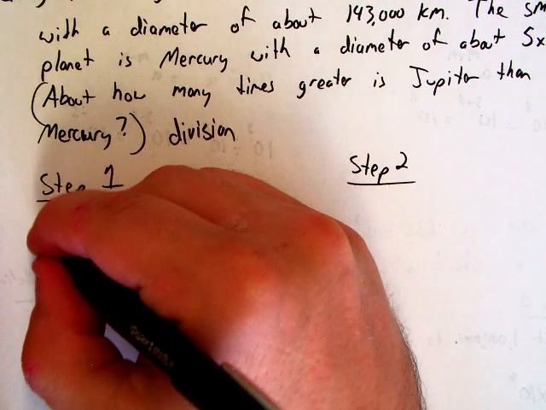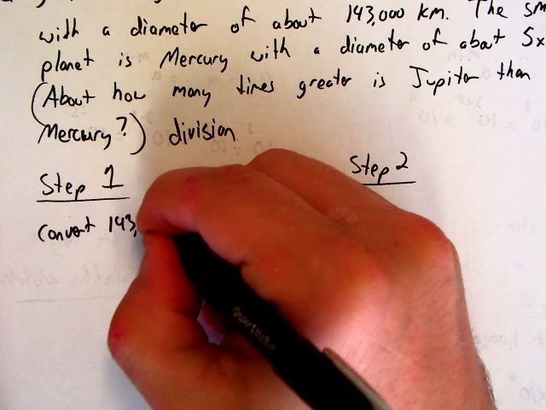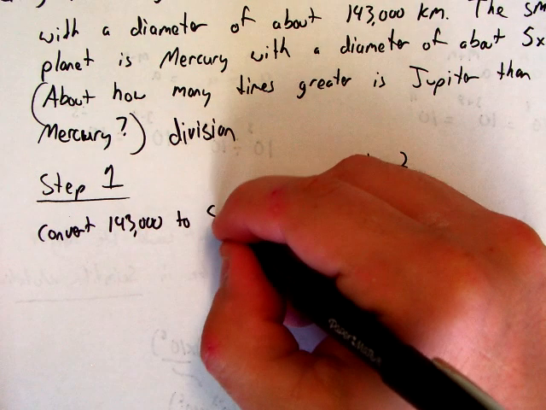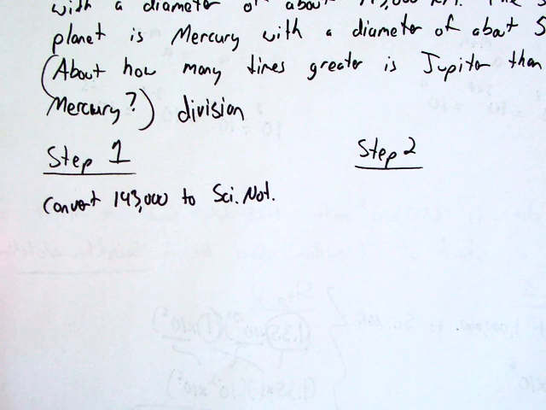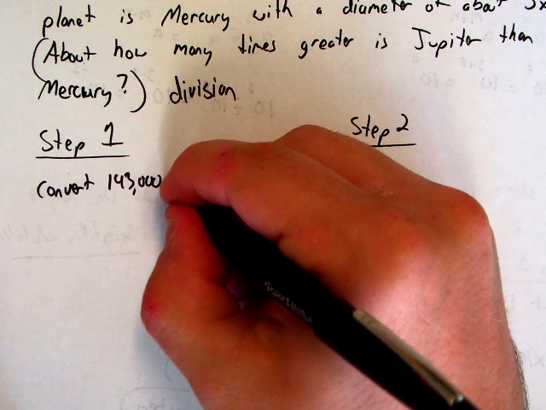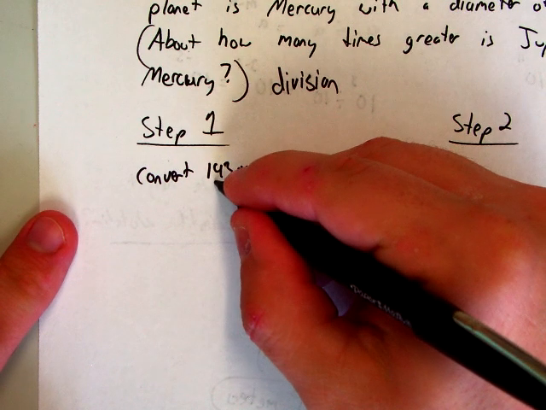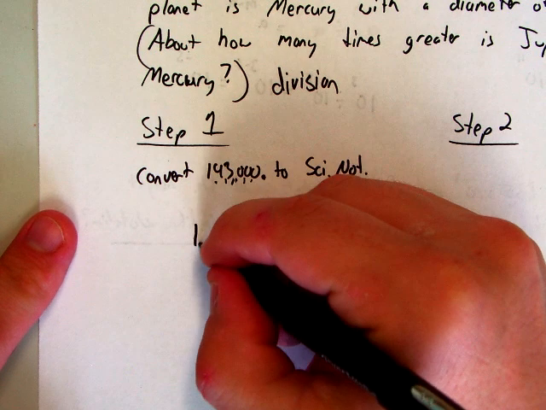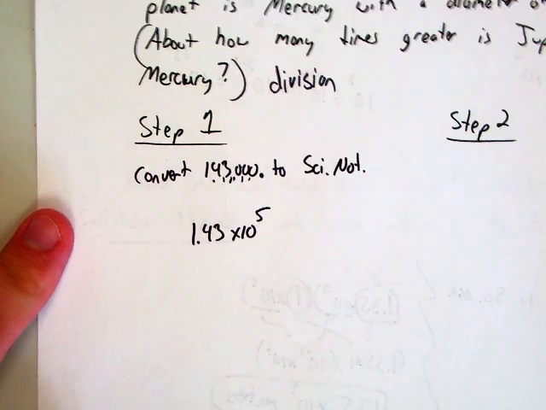So first step, I want to convert 143,000 to scientific notation. So here's my decimal point. I'm going to move it 1, 2, 3, 4, 5 places. So this is 1.43 times 10 to the 5th.